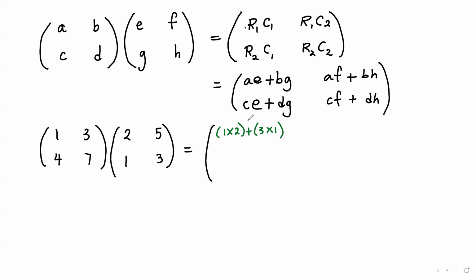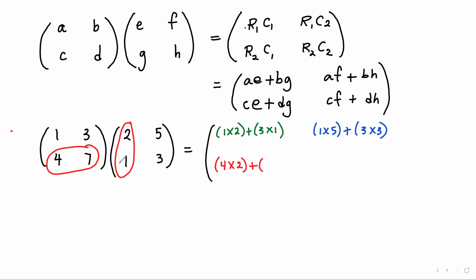Now for row 1, column 2, that would be again row 1, so I'm looking at 1 times column 2 now. So 1 times 5 plus 3 times 3. Then I'm going to look at my row 2, column 1. Row 2 would be the 4 and 7, and column 1 is 2 and 1. So it will be 4 times 2 plus 7 times 1.